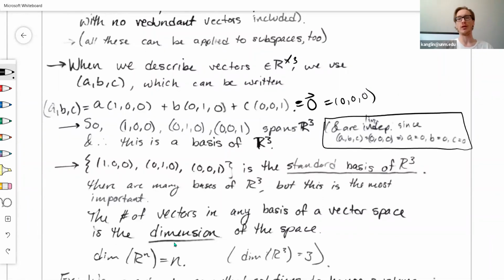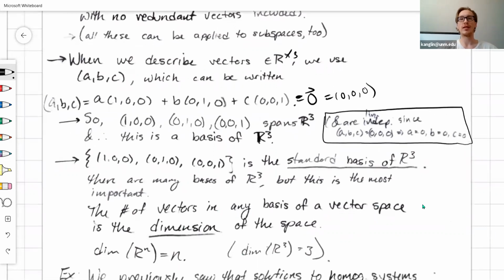We call it the dimension of the vector space. So the number of vectors in any basis of a vector space is known as the dimension of the space. That's why we would say, for example, R3 is a 3-dimensional space because it takes 3 basis vectors to describe it. Likewise, we could say the dimension of Rn is n.